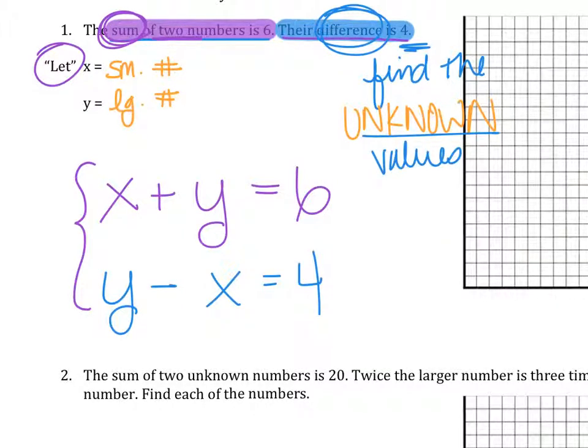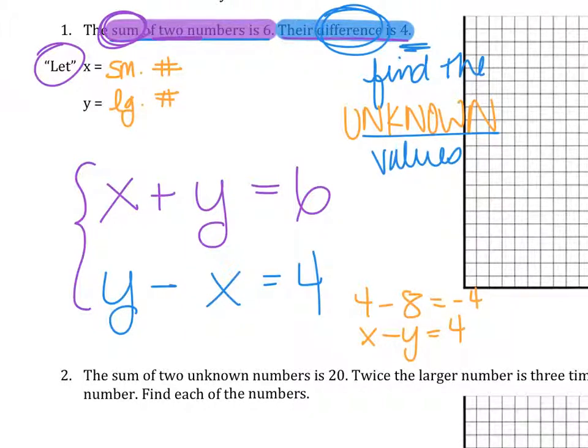If I would have done x minus y equals 4, that couldn't be true because no matter what x and y are in the end, if y is bigger, so let's say y is 8 and x is 4, because one number is bigger and one number is smaller, you're going to get a negative answer.